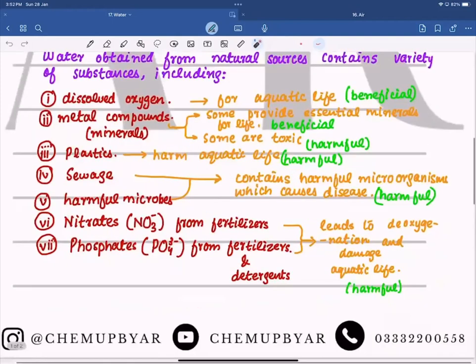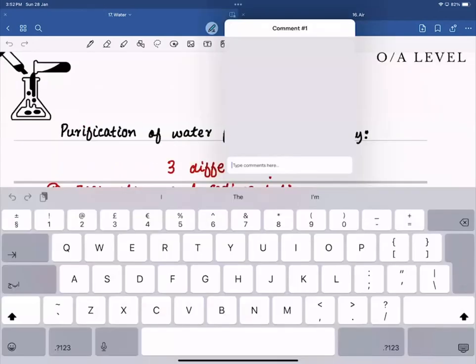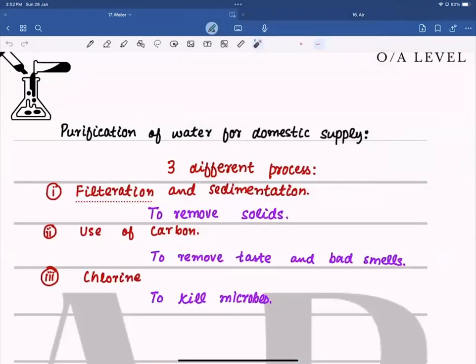Now, there are three steps performed before providing water supplies to our houses and all the domestic places. The first is filtration and sedimentation. When we do this, all the solid particles present in the water are removed.